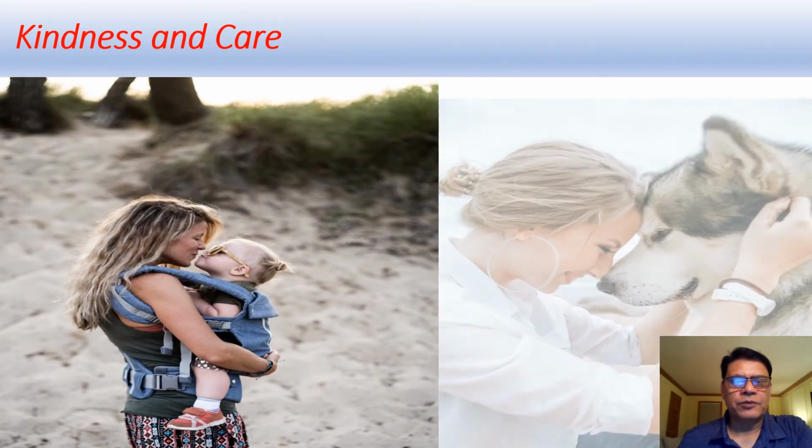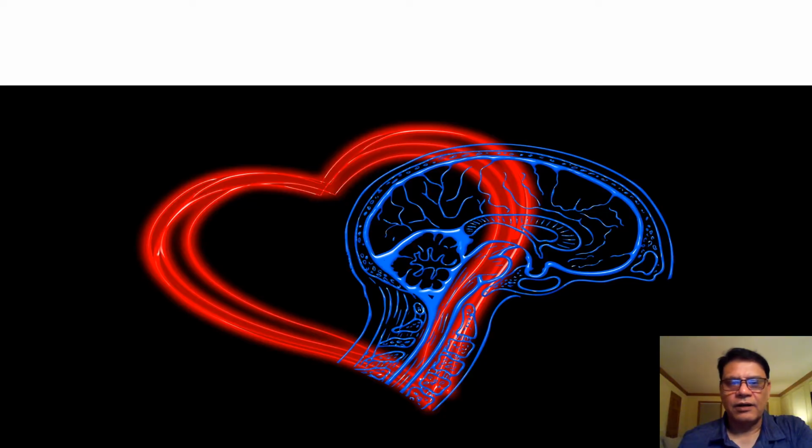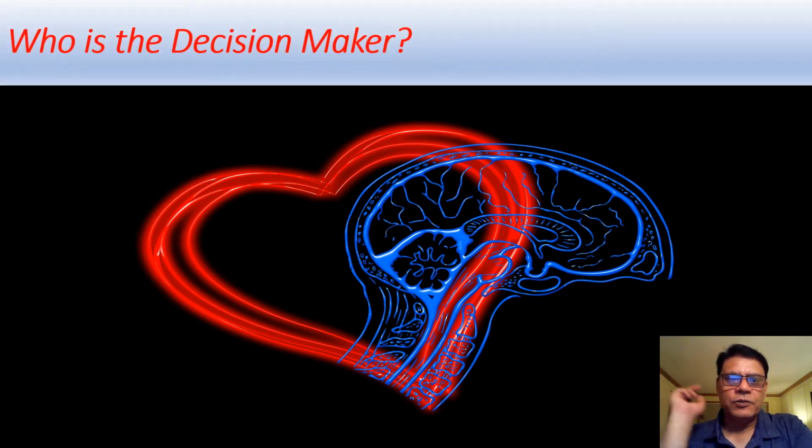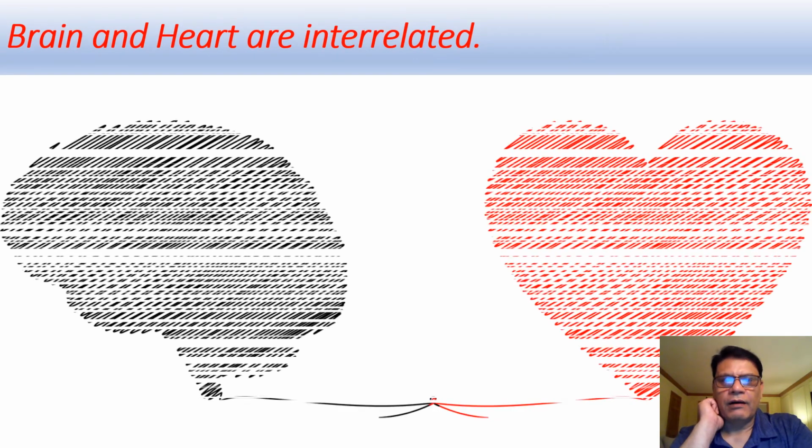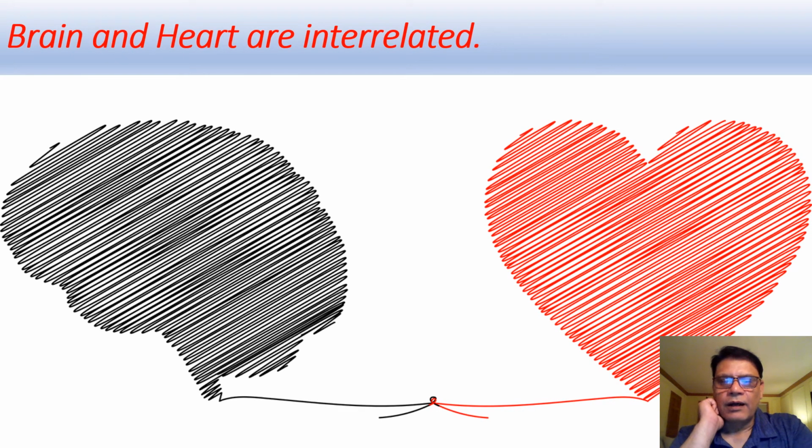We attribute kindness and care to the heart, and the most often asked question is what is the source of these feelings and emotions, whether it is the heart or the brain, and actually who is the decision maker. In my humble opinion, brain and heart are interrelated. Heart and brain affect each other.